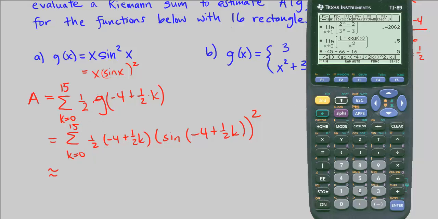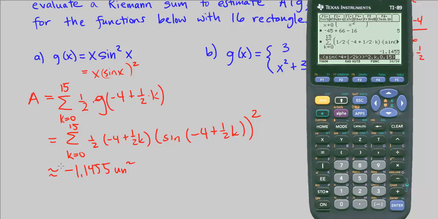So comma 0, comma 15. Close that, press the green diamond, enter to get approximately the answer. And it's approximately negative 1.1455 units squared. And we're talking about area, so make sure to put units squared.